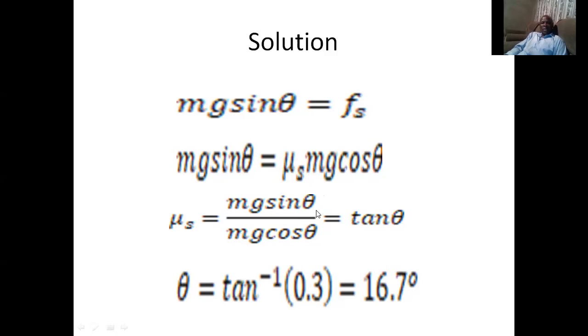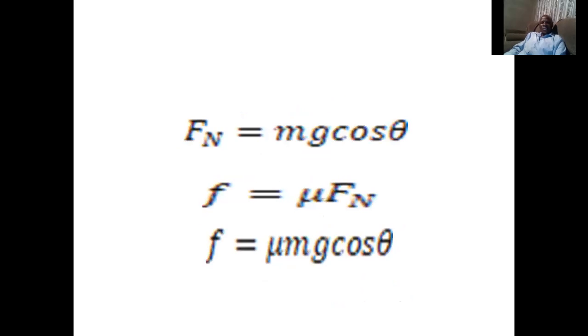From the trigonometric identity, sin theta over cos theta is equal to tan theta. Since we know the value of the coefficient of static friction, 0.3, we can now calculate the angle, and the angle is 16.7 degrees.